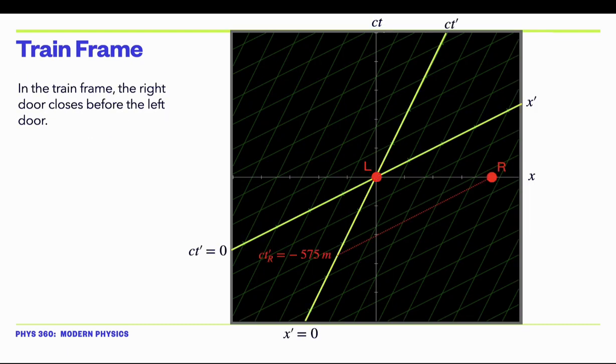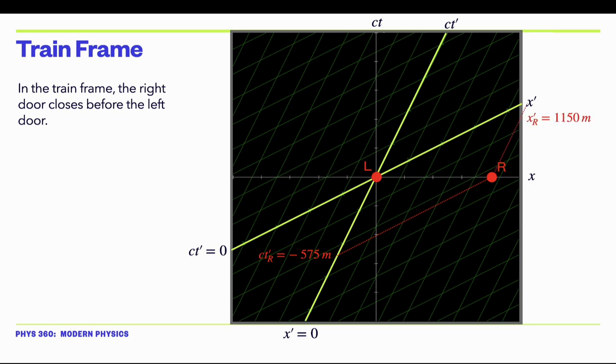So again, if you extended this line and read off of the CT prime axis, that's going to be minus 575. So that should look kind of right. Here's the tick mark for the first grid. It's right here, so that would be minus 250 for CT, minus 500 for CT, minus 750 for CT. So it makes sense that minus 575 would be between the second and third tick marks here.